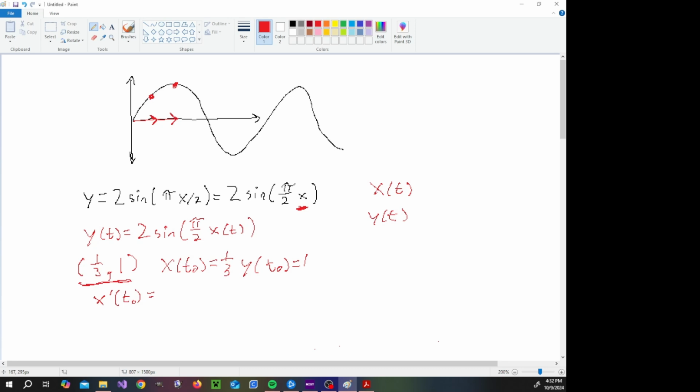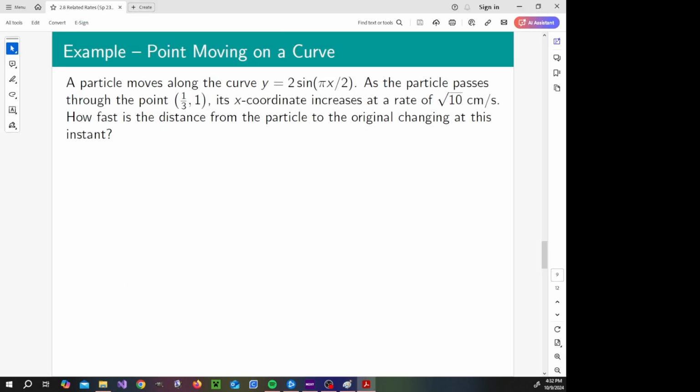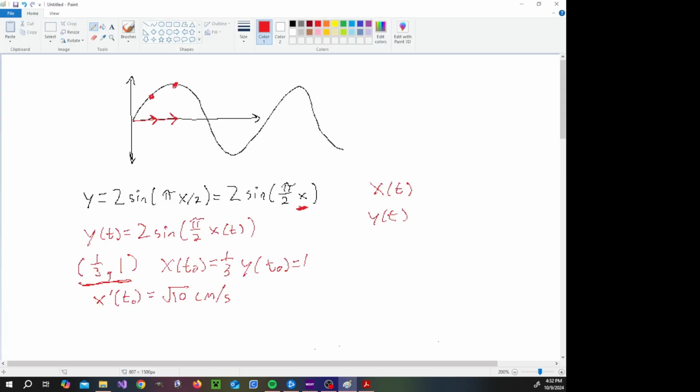And at that time, the x-coordinate is changing at a rate of square root 10 centimeters per second, right? And then they ask how fast is the distance from the particle to the origin changing at this instant. So it wants to know the rate of change of the distance from the origin to that coordinate.